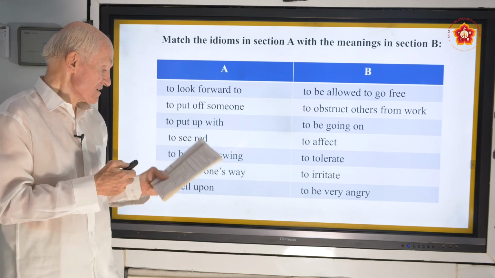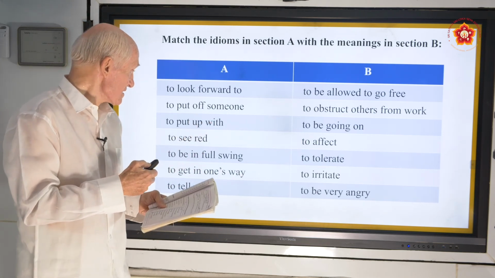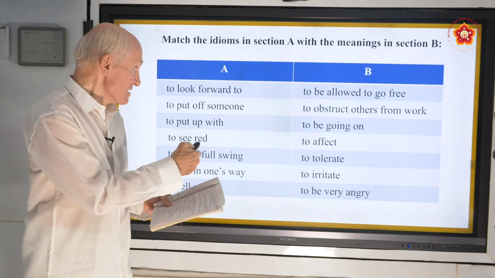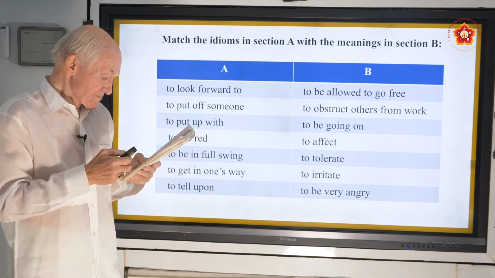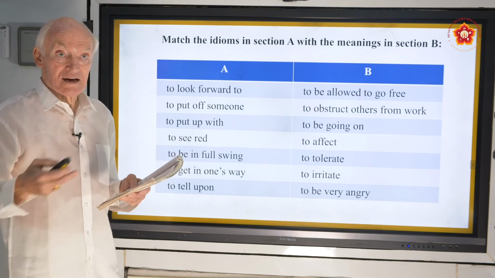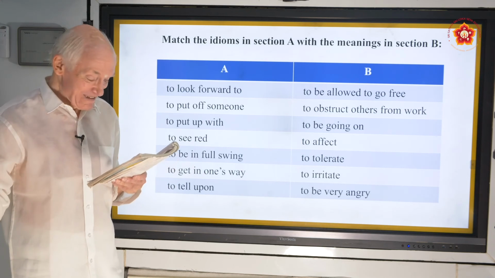To put off someone is L. To put off someone, to be going on. I'm putting you off. We'll do it tomorrow. We'll do it next week. We're going to put them off.